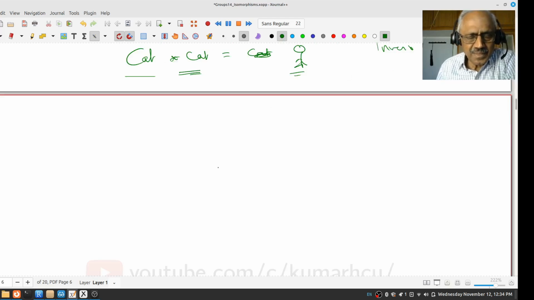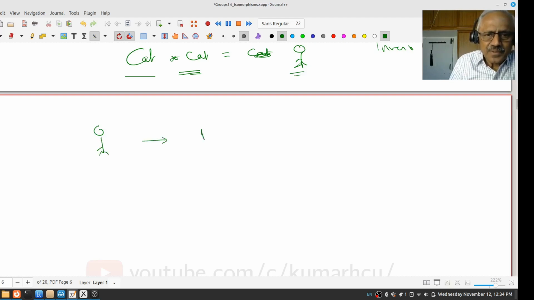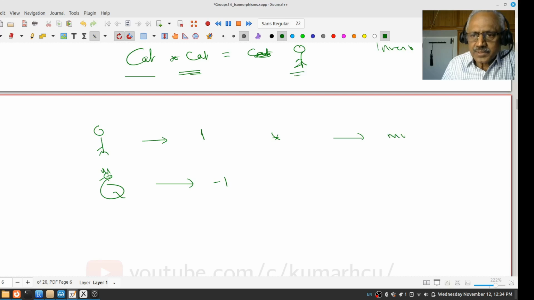Is it difficult? Okay, let us look at it. Let me look at my man. I will map it to 1, and the cat I will map it to -1. My star will become multiplication.